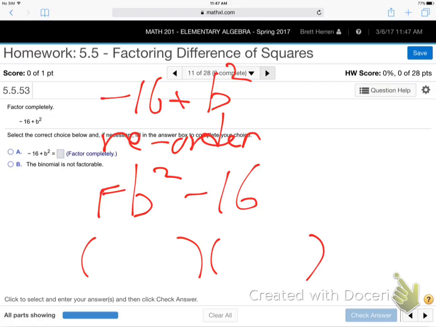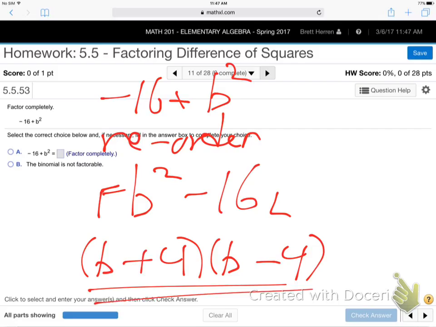So FL, front times front to be b squared. B and B, last times last to be 16. 4 and 4. How do you make negative 16? Positive and negative. 1 positive, 1 negative. We're done. That good? No questions? All right.